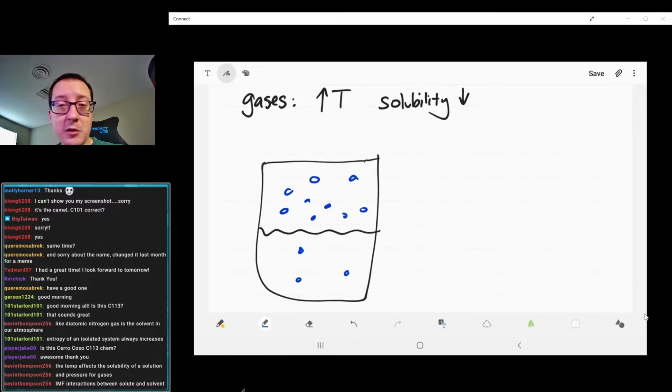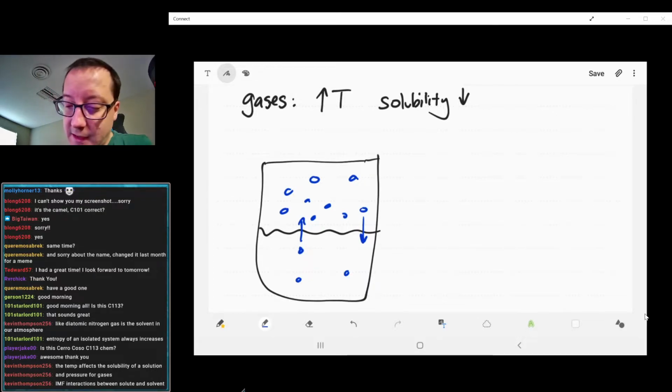And so we know that temperature has a relationship with kinetic energy. We've talked about this, and kinetic energy is how things are moving. We know that if things are happening nicely, we're going to have some gas molecules moving out of the solution, some moving into the solution at a given time.